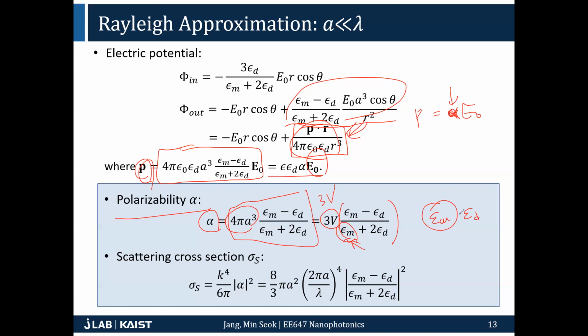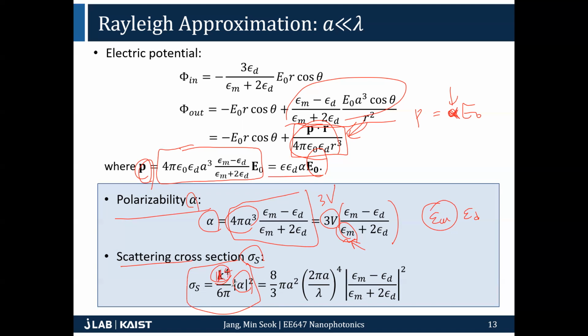Okay, and now if you look at the scattering cross section, polarizability and scattering cross section have this relation. Why? Well, I don't want to explain in detail, but if you have a polarizability like this, then the emitted field due to this oscillating dipole is proportional to the square of the polarizability, and there is another dependence of k to the fourth.